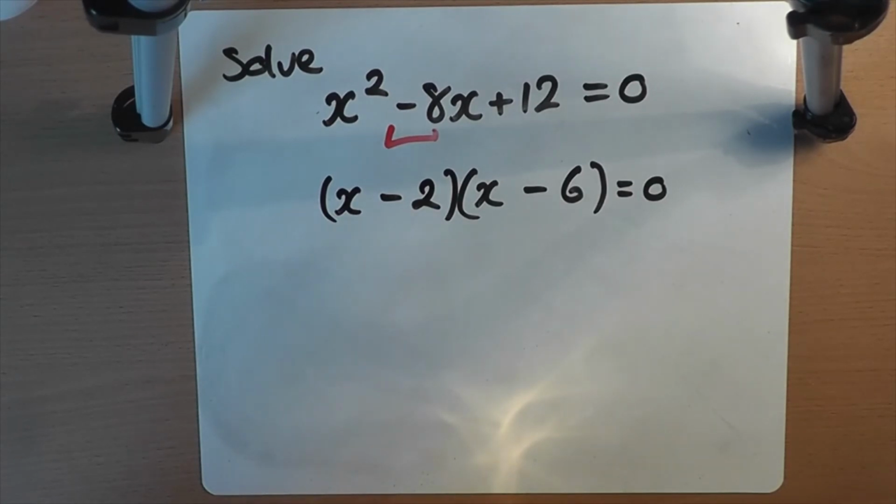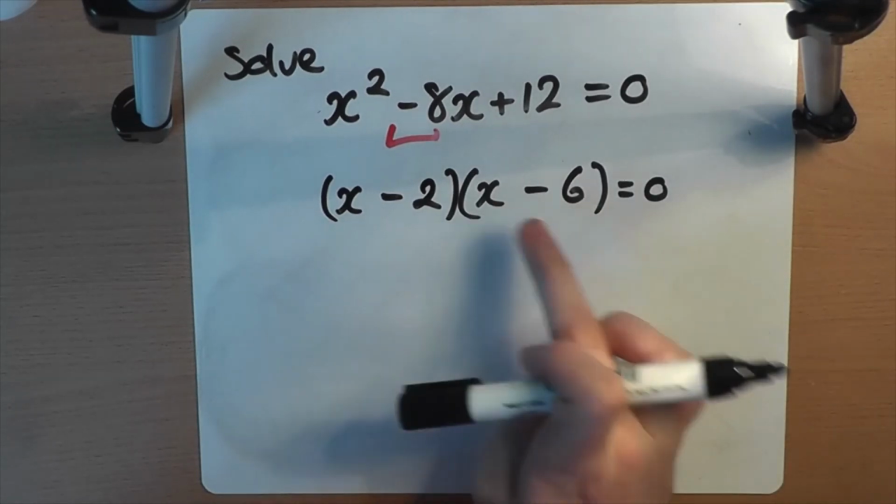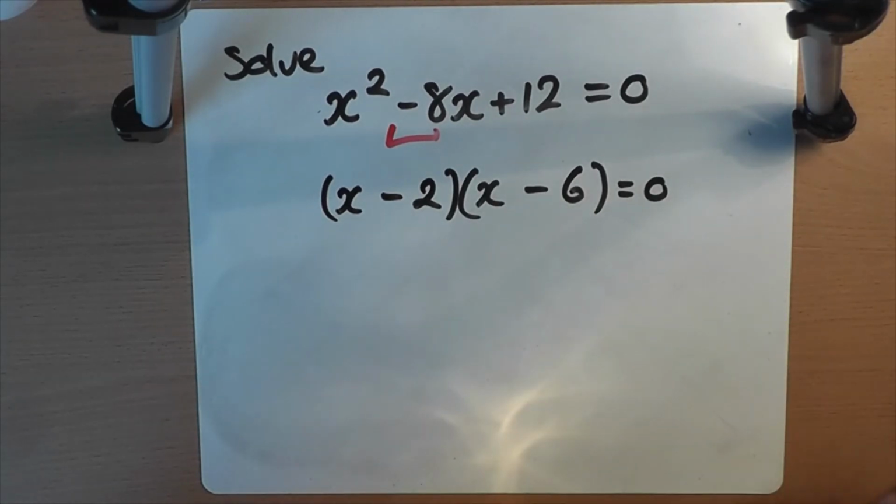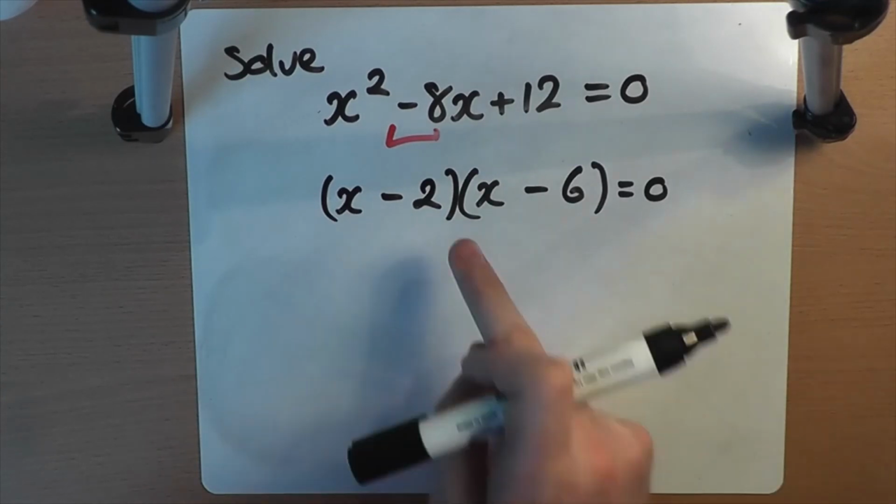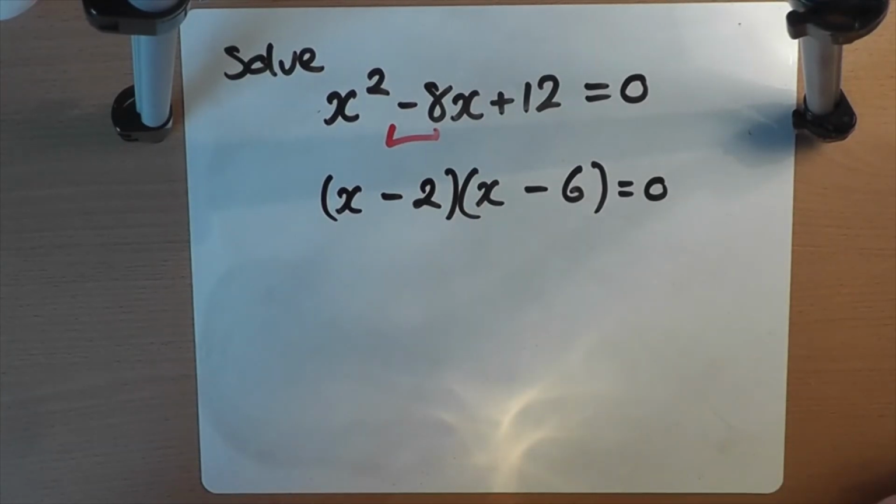And if x is a number, then x take away 2 must also be a number. Similarly, if x is a number, then x take away 6 must also be a number. So we have two numbers here that are being times together, remembering that there is a times hidden in between those two brackets. We have two numbers that are being times together to give us 0. The only way we can have two numbers that times together to get 0, the only way, is if one of them is in fact 0.